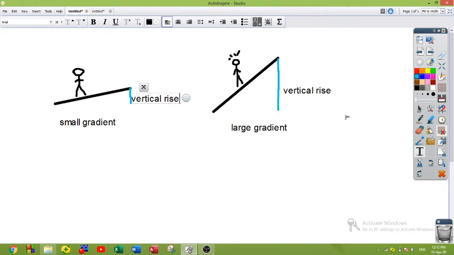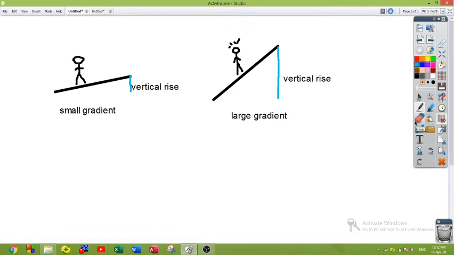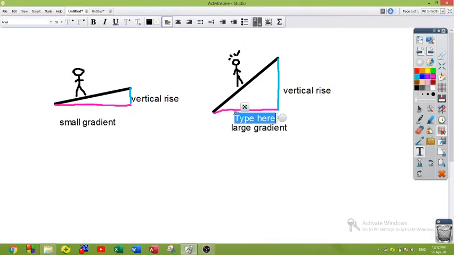Now what does horizontal shift mean? The horizontal shift will be this one. These are horizontal shifts, and this one is also a horizontal shift.